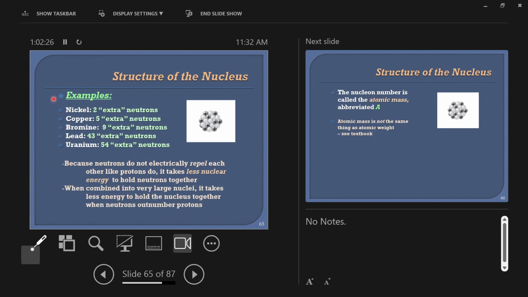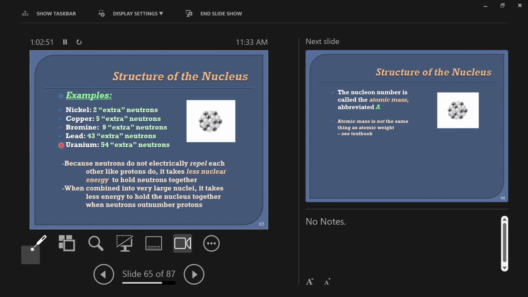So some examples of how this gets bigger, right? Larger, heavier things like nickel, for example, gets 2 extra neutrons compared to protons. So it has 2 more neutrons than it has protons. But then you look down to uranium. Uranium's 92, and it typically has 92 neutrons plus 54.